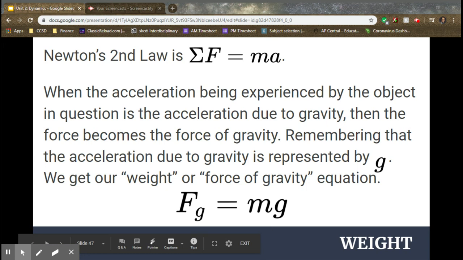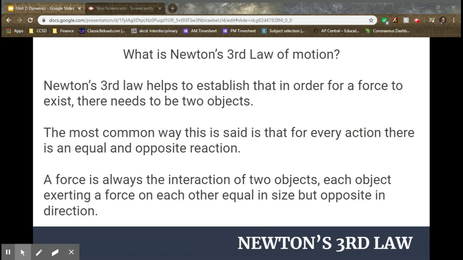Newton's third law of motion. Newton's third law helps us to establish that in order for a force to exist, you've got to have two objects. The most common way this is said is that for every action, there's an equal and opposite reaction. That makes it sound like one force happens first and then another force happens in response. It doesn't work like that.